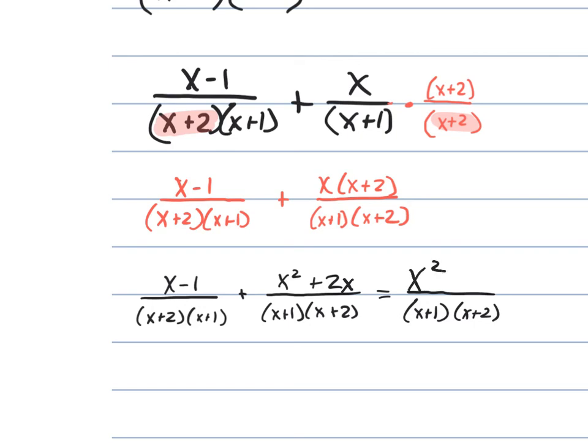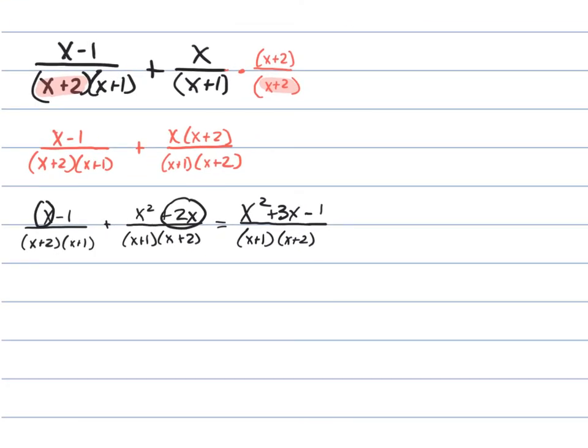x squared plus 3x. There's an x plus a 2x would give me a 3x. Anything else? Now, we may be done. Are we okay?